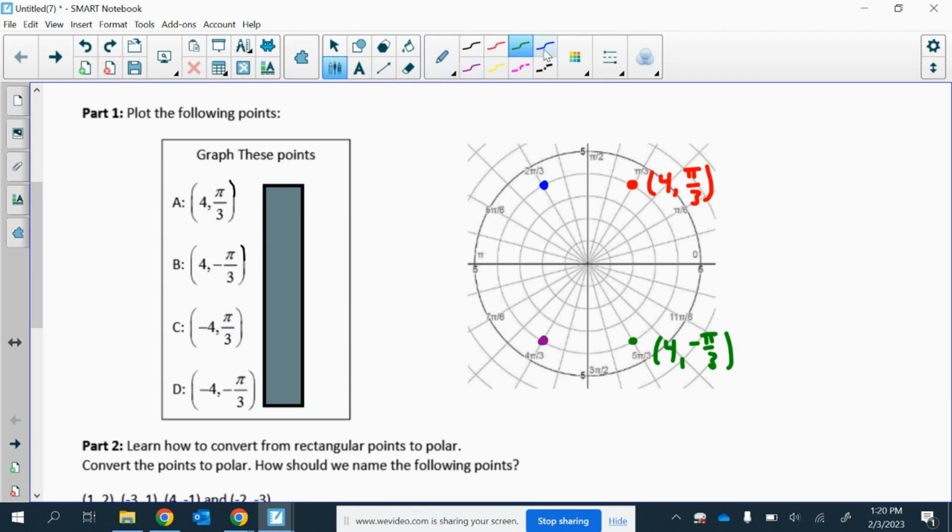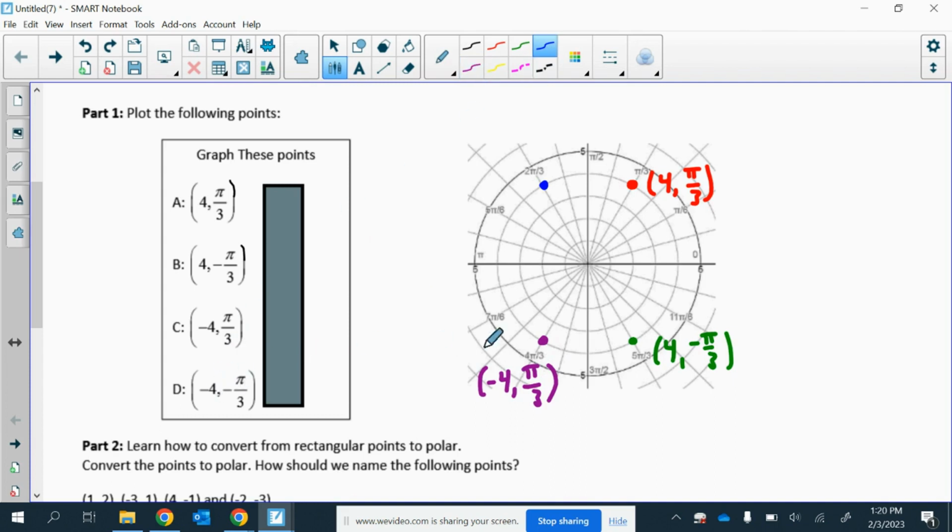Negative 4 comma pi thirds would be going pi thirds, which would be up here. And then instead of going in the positive direction for the radius, we're going to go in the negative direction for the radius. So that's going to be the purple point, negative 4, pi thirds.